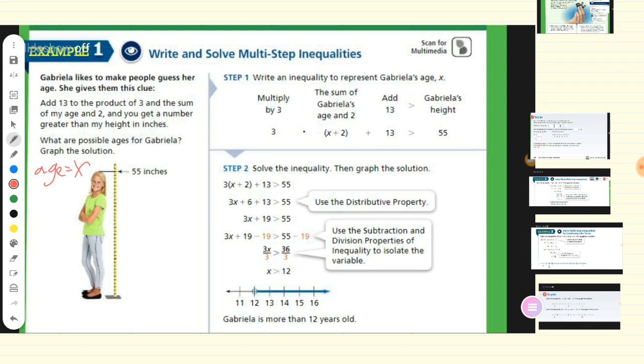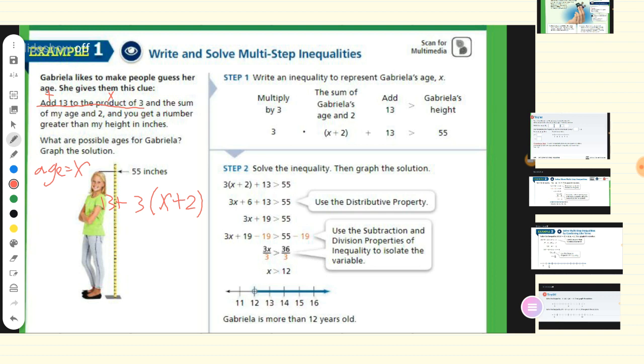So let's start. Add 13 to the product: product means multiply, add means plus. Product of 3 and the sum, so it's 3 multiplied by the sum of my age, which is x, and 2, plus 13.